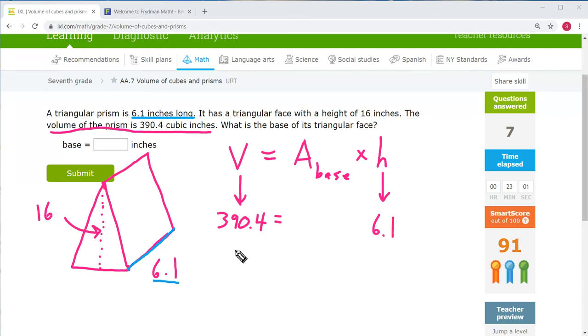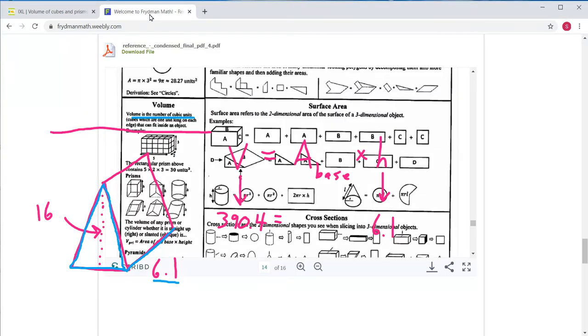So the height is really what is perpendicular to the base. So the base here is a triangle, which is sort of standing upright in the way that I drew it. But I could have just as easily drawn the triangular prism like this, standing up, instead of on its side like this.